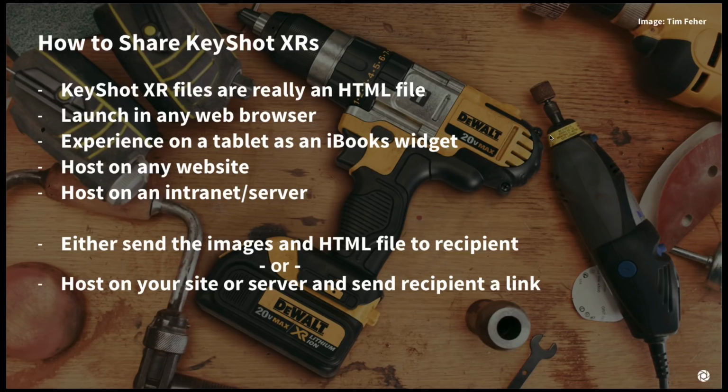That way you can create almost like a digital brochure or a catalog that when somebody interacts with it on, say, an iPad, they can then view those XRs within that tablet environment.